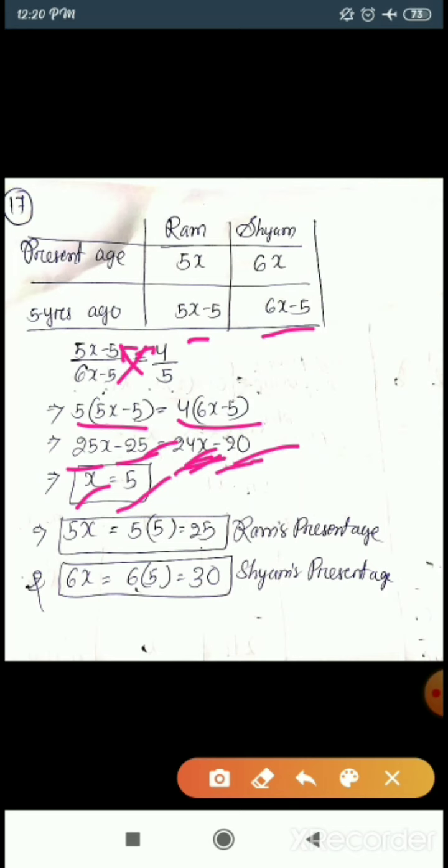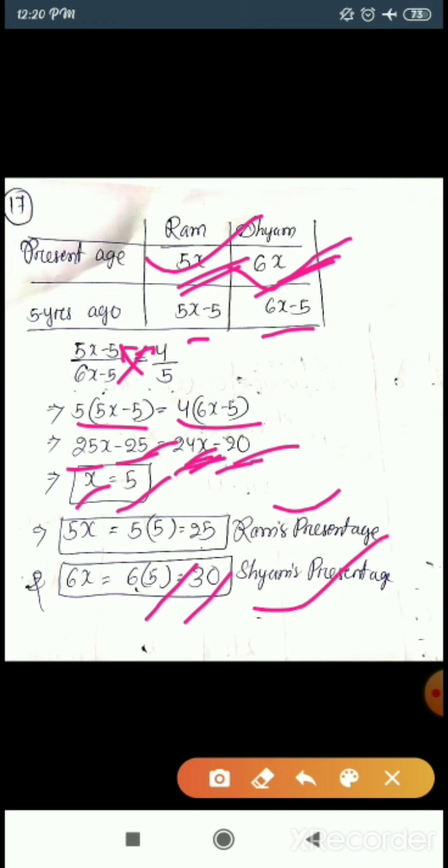But Ram's present age and Syam's present age you have to find out. This is our present age of Ram and this is our present age of Syam. So you have to put the value of x in here and here so that you can get Ram's and Syam's present age. 5 times x is 5 times 5, that is equal to 25, that is Ram's present age, and 6x, that is equal to 6 times 5 equal to 30 years, that is Syam's present age.